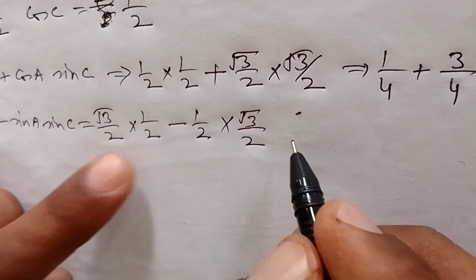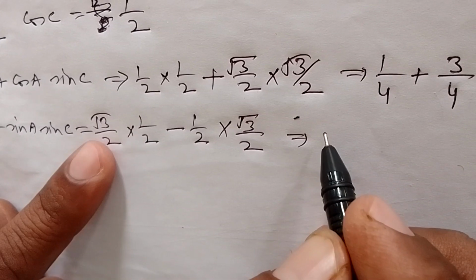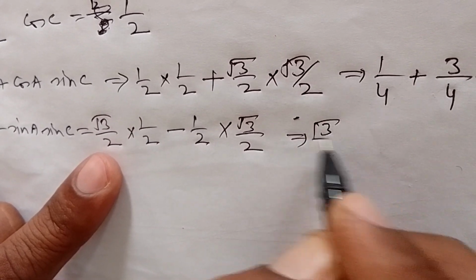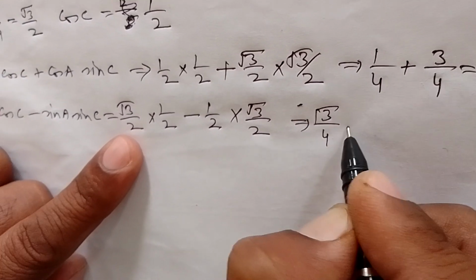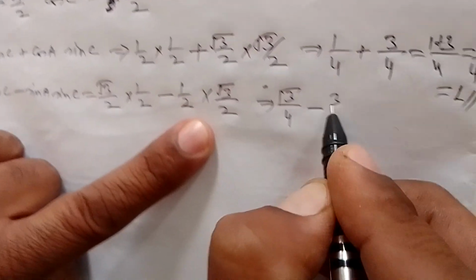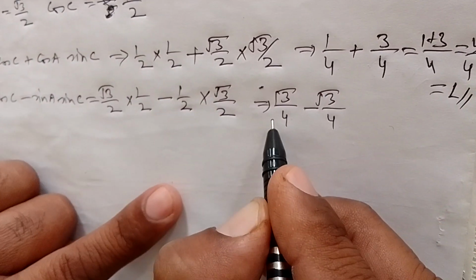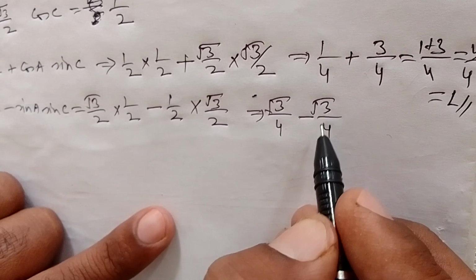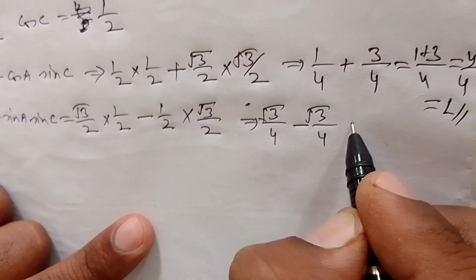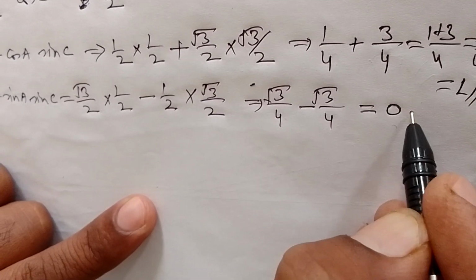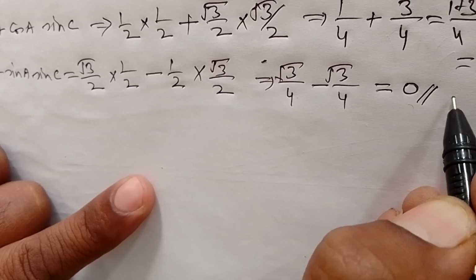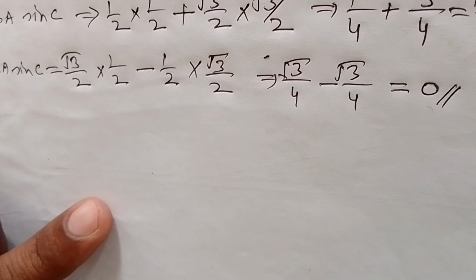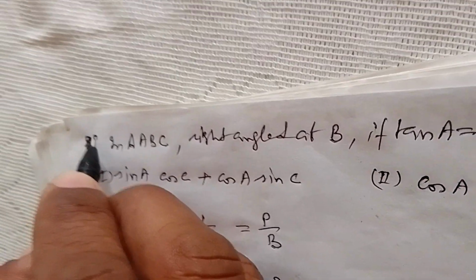Multiplying this to this, it will become under root 3 divided by 4 minus under root 3 divided by 4. Since this is plus under root 3 by 4 and this is minus under root 3 by 4, it comes out to be 0. So this is the solution of the second part of the question. This was question number 9.